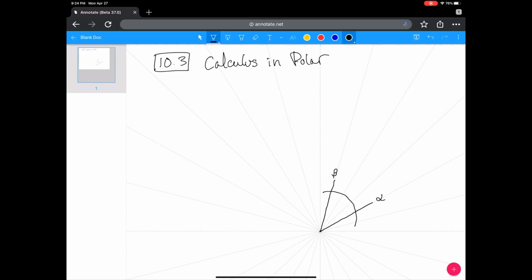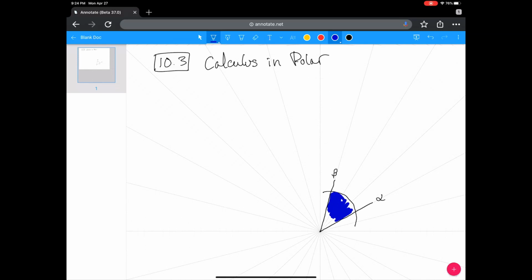Like A and B, but alpha and beta when we're talking about angles. Our goal is to figure out how much area is in here. So this is our region.